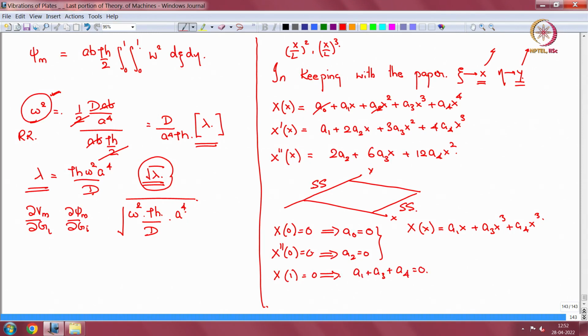Further, if X double dash at 1 equal to 0, then I have twice a2 plus 3 a3. I am sorry, just hold on.